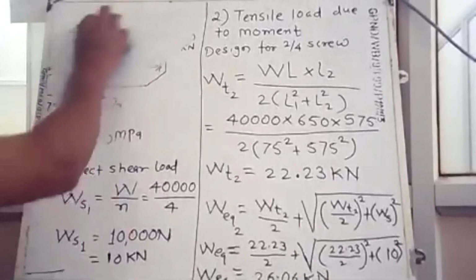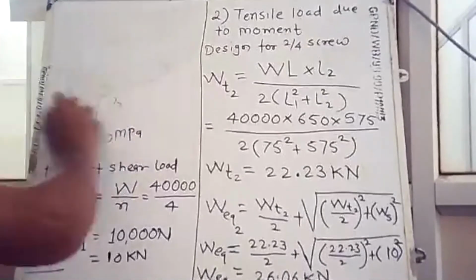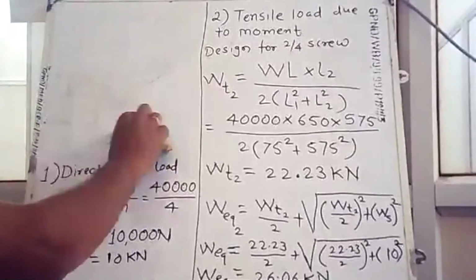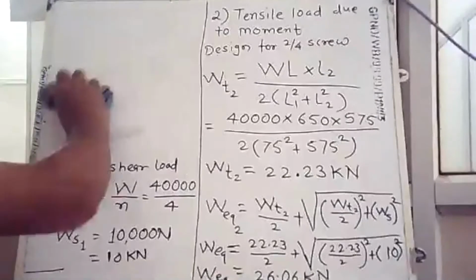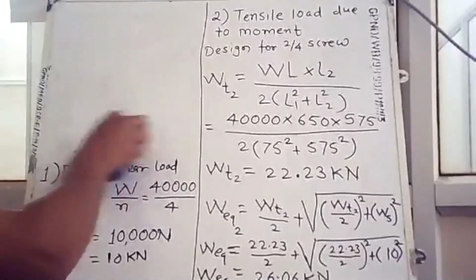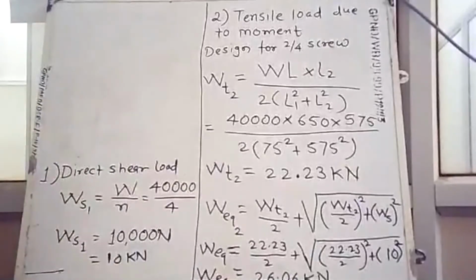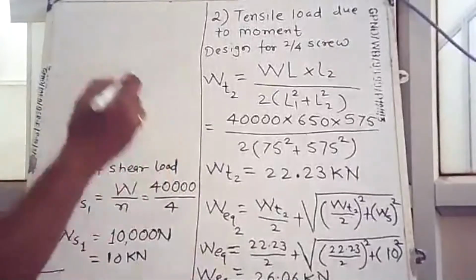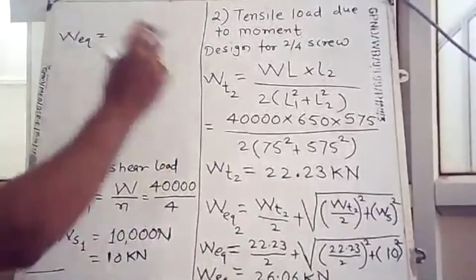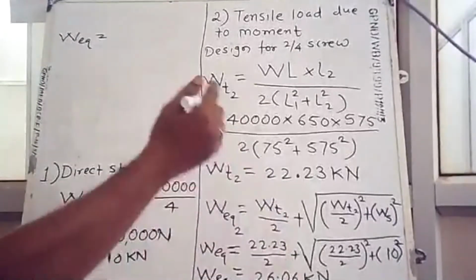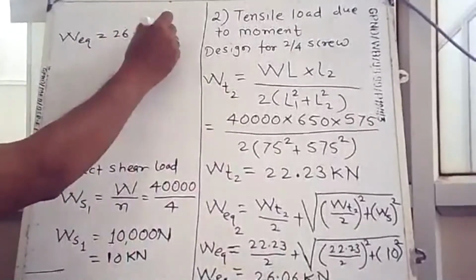Okay, so this 26.06 is the combination of whatever shear load on that particular bracket and whatever direct load on the bracket. So the equivalent combined load by using this equation is 26.06 kilonewtons.